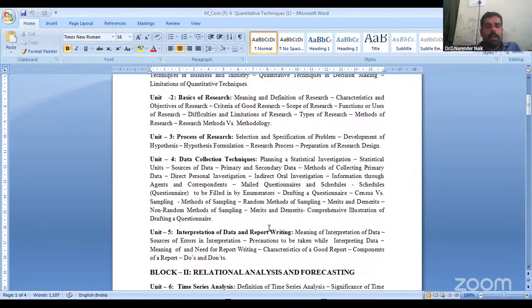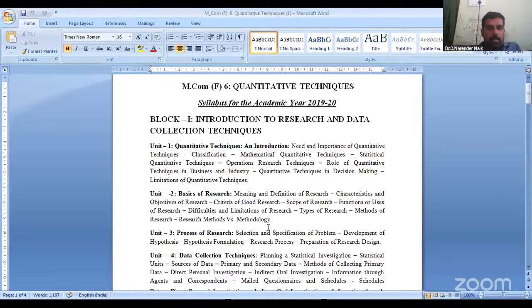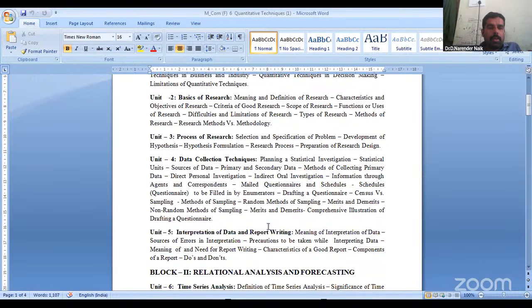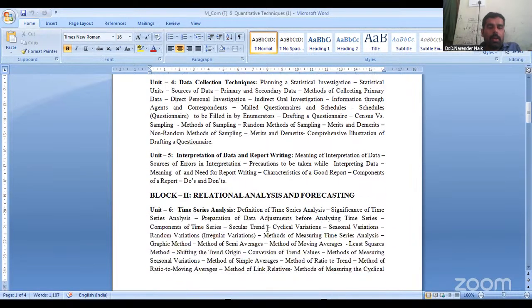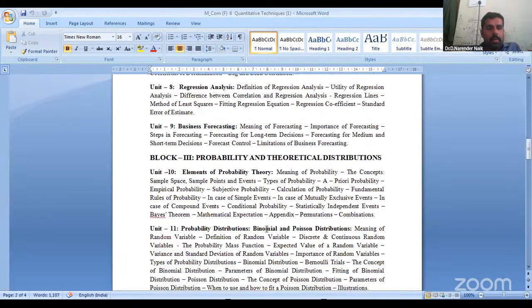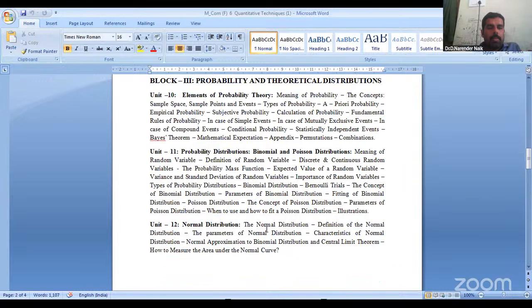So we'll start theoretical concepts here. That is from block one: the quantitative techniques, basics of research, process of research, data collection techniques, interpretation of data and report writing. So correlation we completed, regression completed, business forecasting, probability.